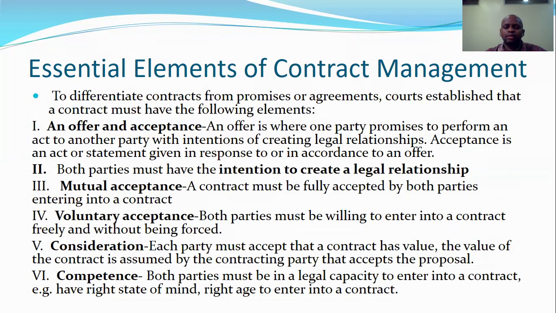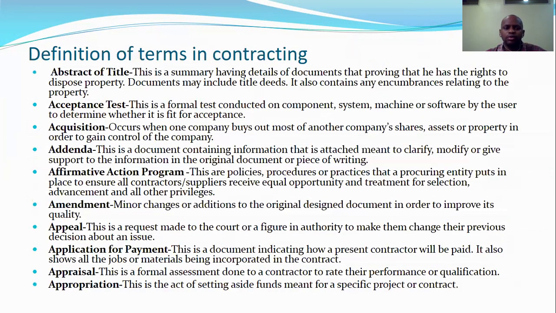Each party must accept that a contract has value, and the value of the contract is assumed by the contracting parties that accept the proposal. And lastly, we have competence, where both parties must have the legal capacity to enter into a contract. That is, they must have a sound mind and must be of the right age to enter the contract.